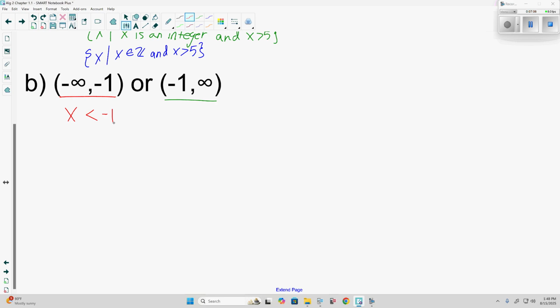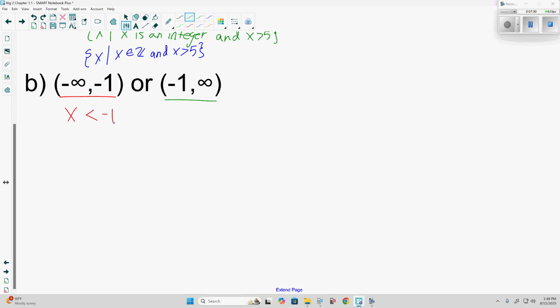Could it be equal to negative 1? No, because what do we have next to the negative 1? We have a parenthesis. Because if it's a bracket, it's included. Parenthesis says it's not. Since it's a parenthesis next to negative 1, it's not included. So it's just less than. Questions on our negative infinity to negative 1?